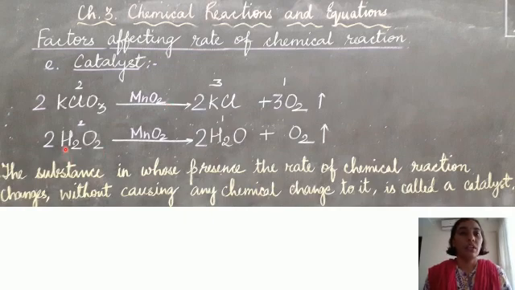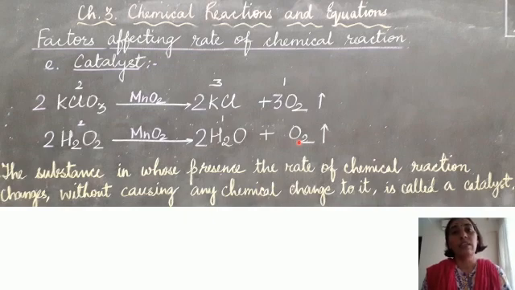Another reaction is hydrogen peroxide. We have again come across this. Products are water and oxygen. Again, to increase the rate at which oxygen is given out, manganese dioxide, very small quantity is required, and you can easily increase the rate at which O2 is given out.